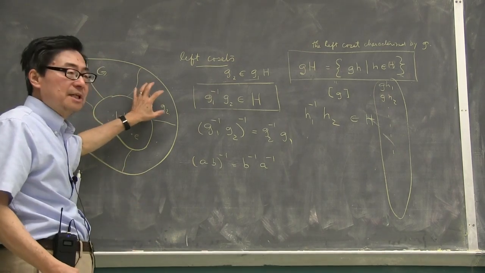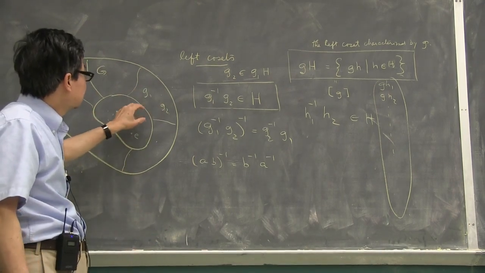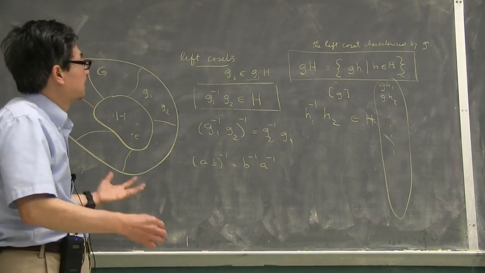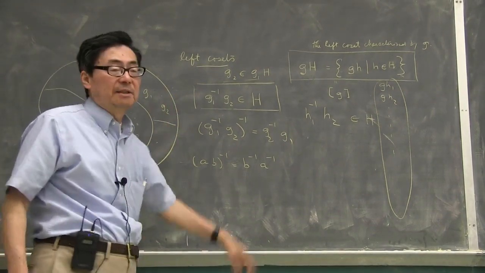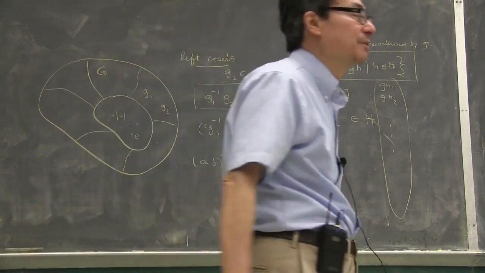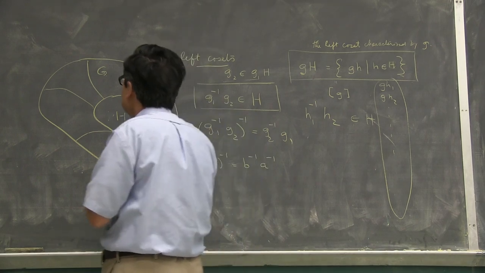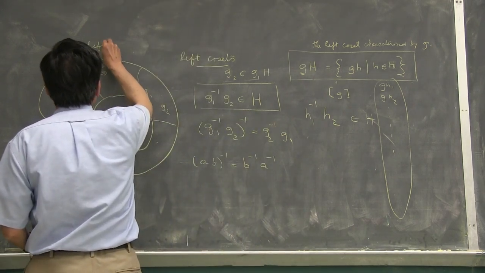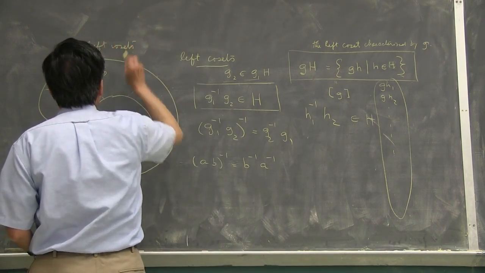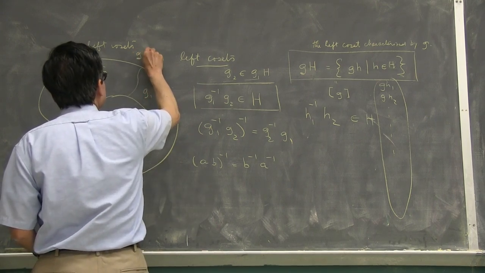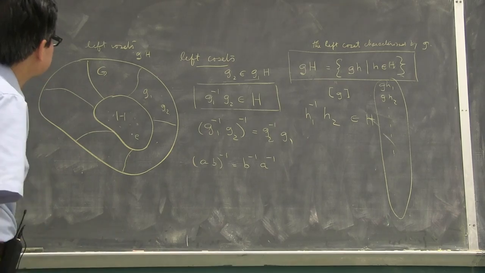If they belong to the same coset, then the coset is characterized by any one of them, okay? And so it doesn't matter which one you use as the representative, okay? Now this is called a left coset, the set of left cosets, each one of which is characterized by gH, okay?